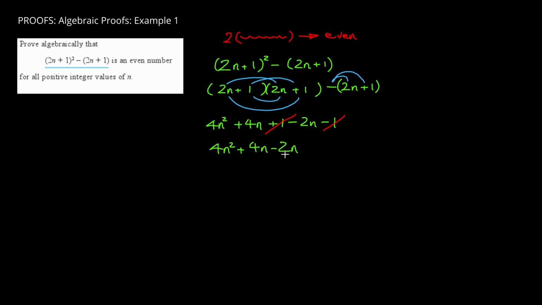I think you can see that's even already, but let's do a tiny bit more work. 4n take away 2n, so this will be equal to 4n squared plus 2n. And yes, we can take a factor of 2 out of that, leaving us with 2 times (2n squared plus n).